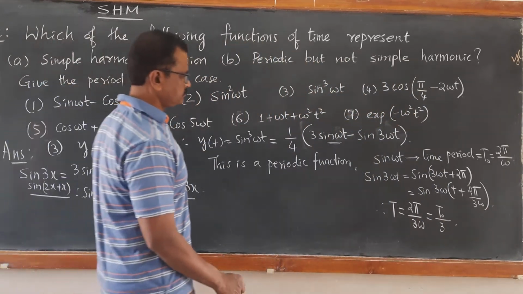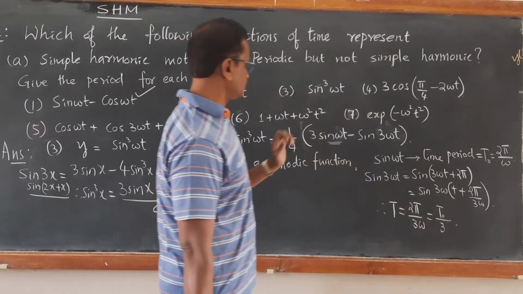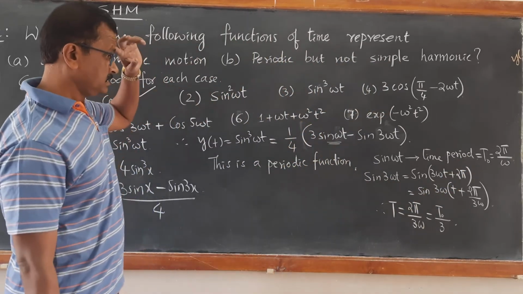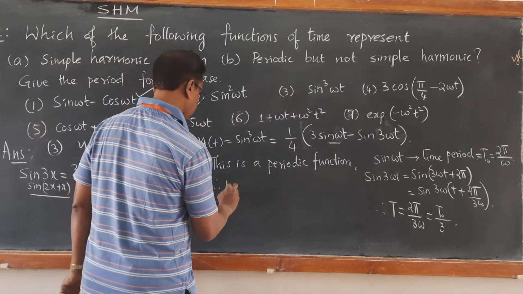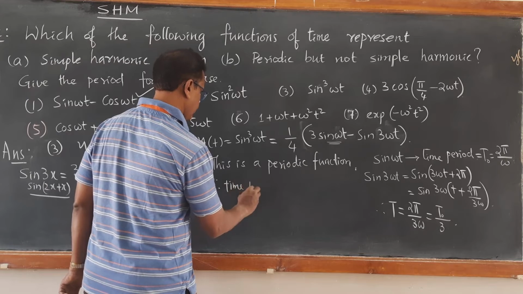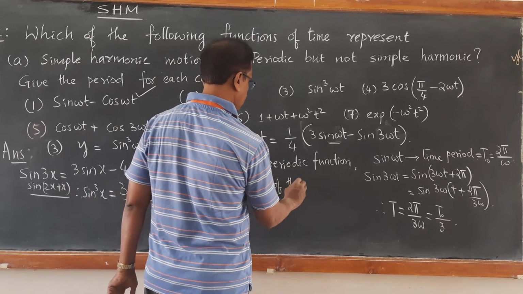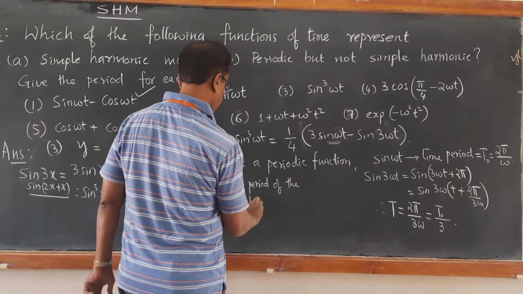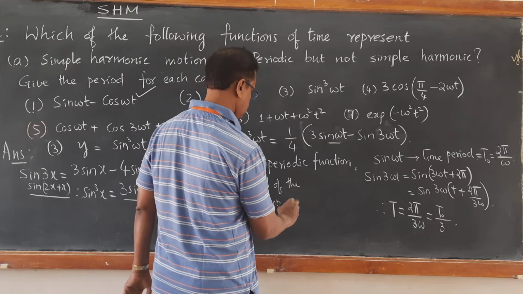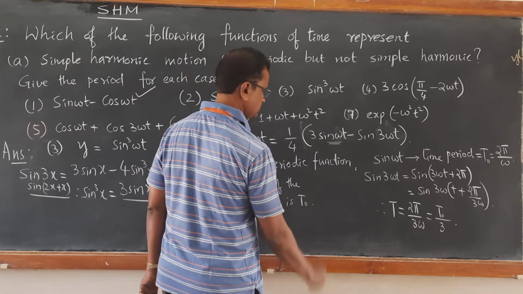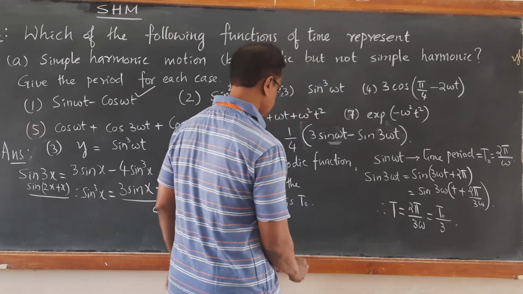Therefore, the minimum time period of this function is T naught, because this T is equal to T naught by 3.